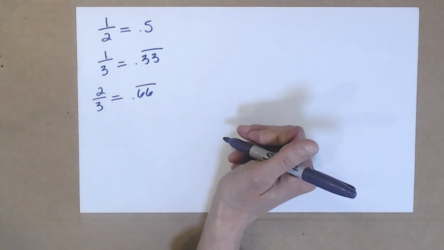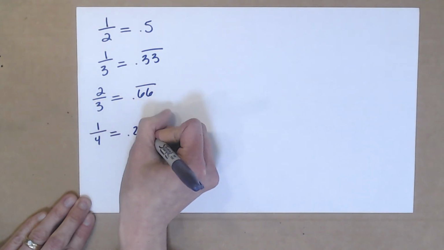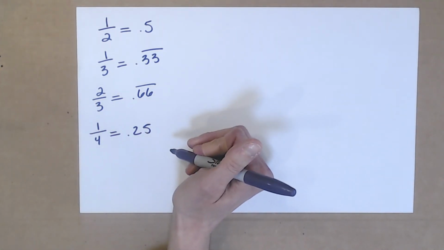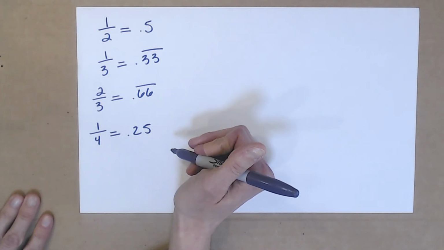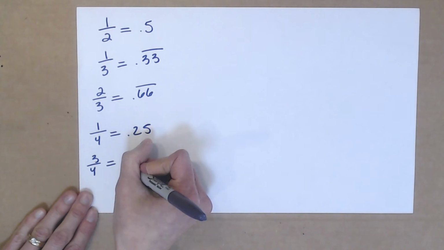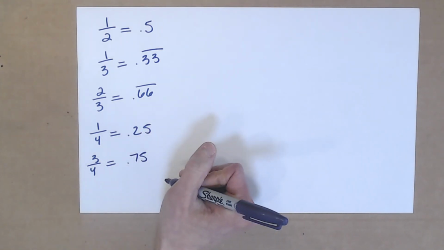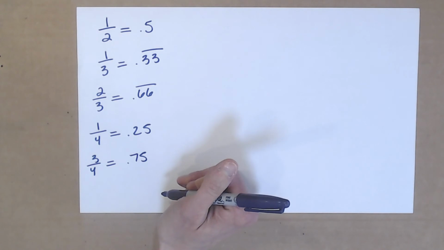It's just double. 1/4, you should just know, 0.25. Think of money. 1/4 of a dollar is 25 cents. Likewise, 3/4 of a dollar. That's just going to be 3 times the 0.25, 0.75. 75 cents, if you're thinking money.